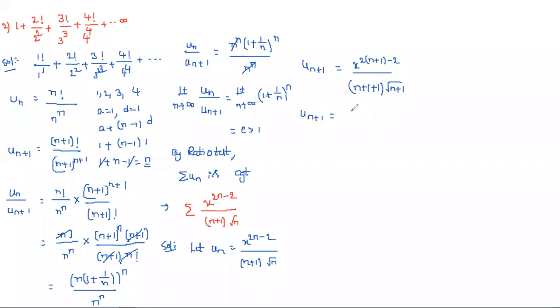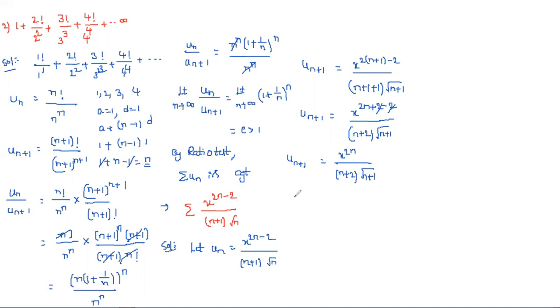Then un plus 1 is x power 2n plus 2 minus 2 by (n plus 2) into root (n plus 1). So here the 2s cancel, and then un plus 1 is equal to x power 2n by (n plus 2) into root (n plus 1).